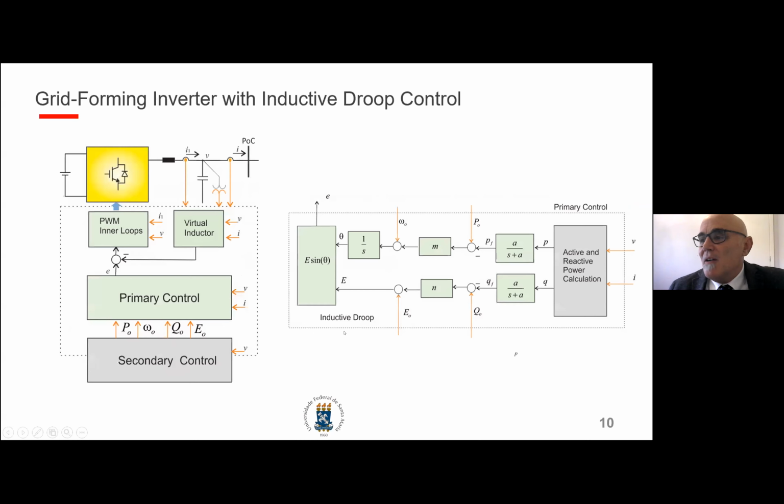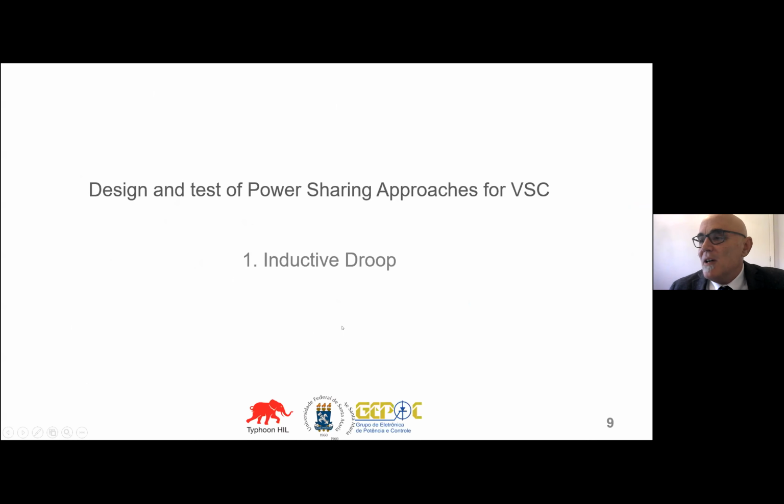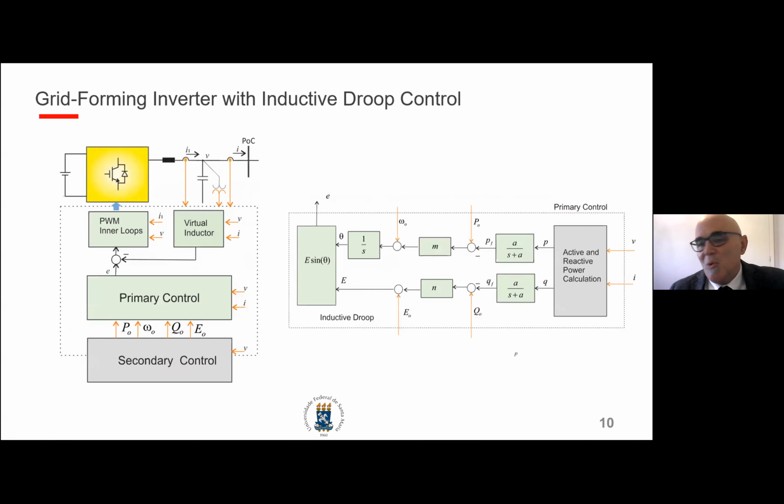Okay, let's move on to droop control. Probably most of you know what droop control is. It takes the voltage and current at the POC, computes active and reactive power, and then links the active power with the frequency through the droop coefficient M, and also links the reactive power to the amplitude of the voltage through the droop coefficient M. So it behaves similar to a synchronous machine.